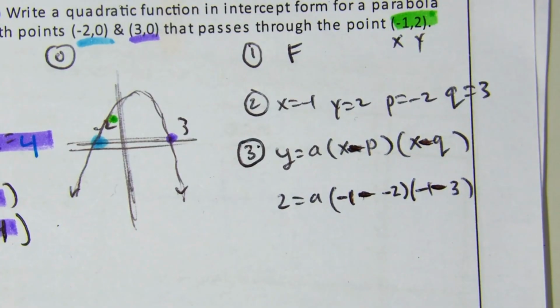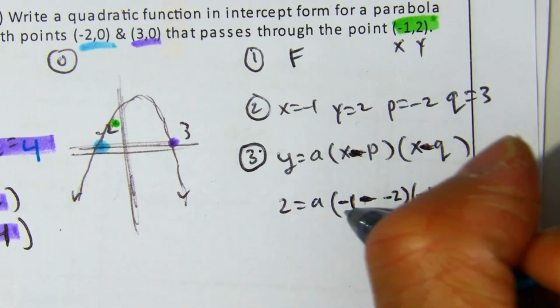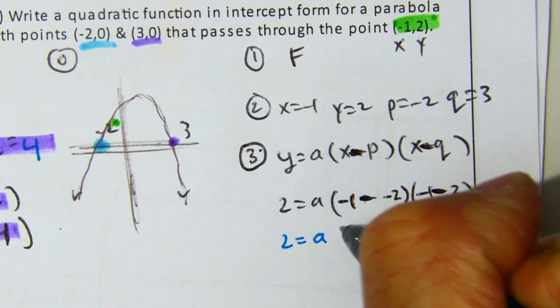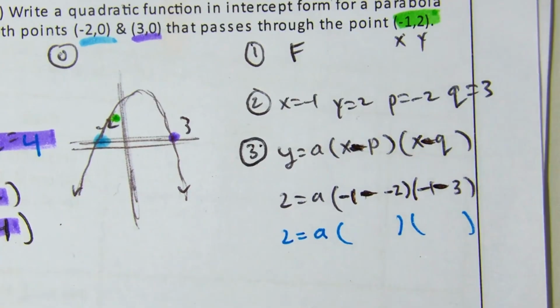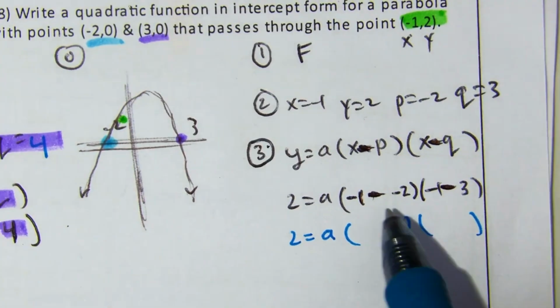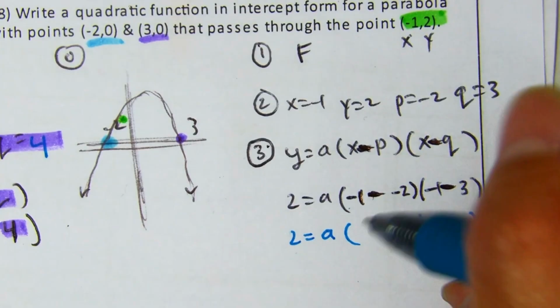Let's go ahead and simplify. Elizabeth, -1 minus -2. -1 plus 2 then is. Good.